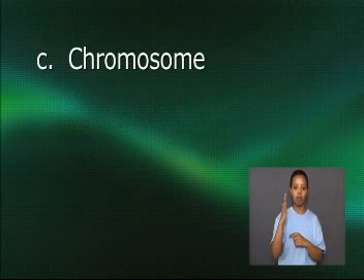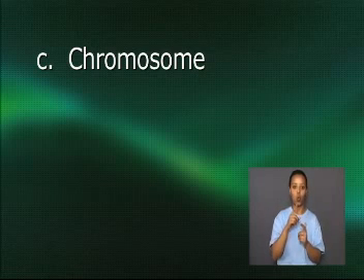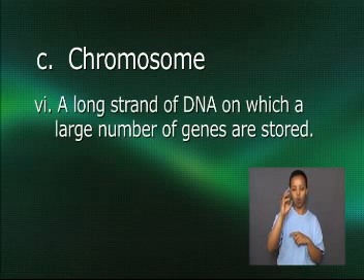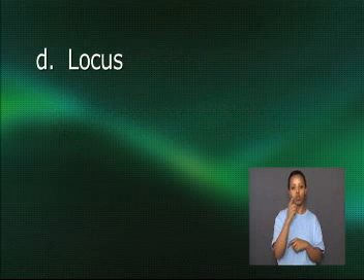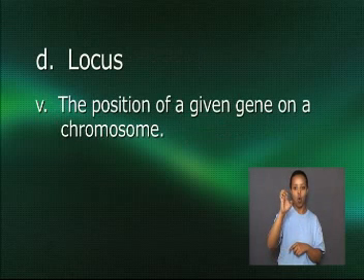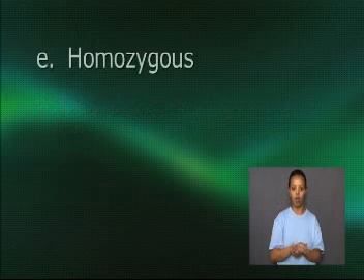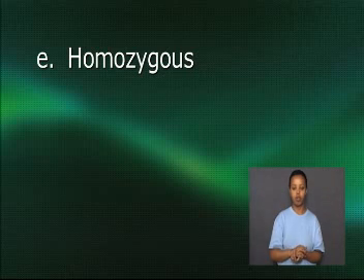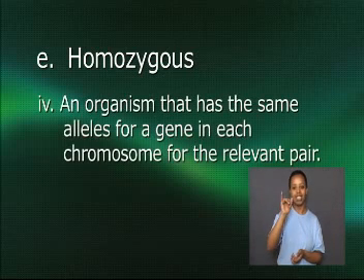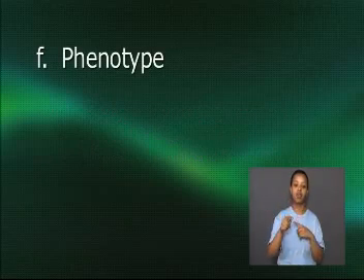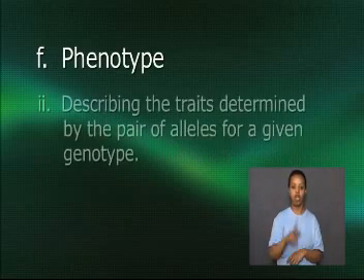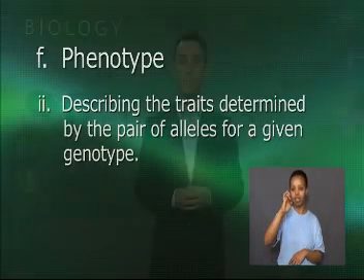The definition of chromosome is number 6. The definition of locus is number 5. The definition of homozygous is number 4. The definition of phenotype is number 2. You may trade back your papers now, students.